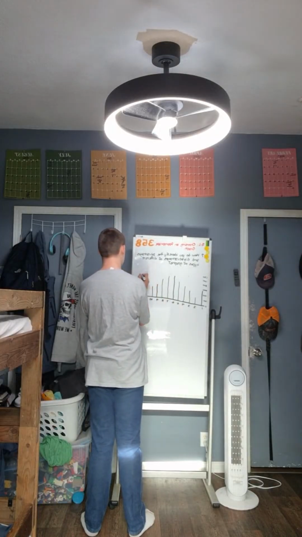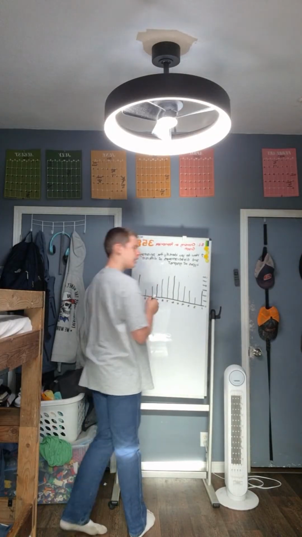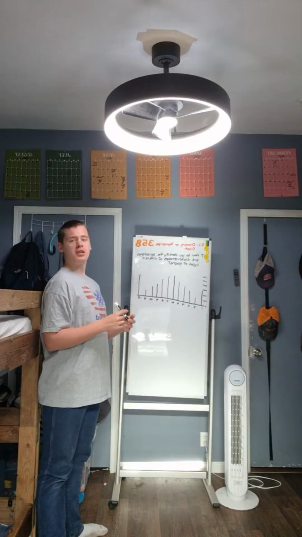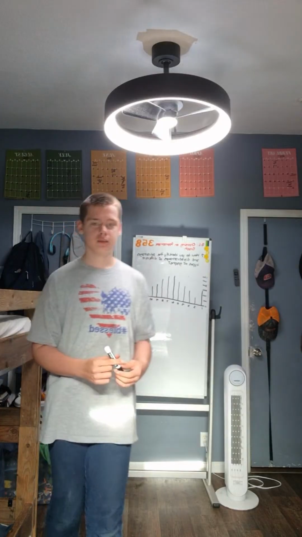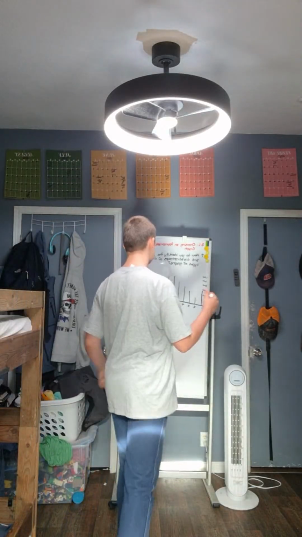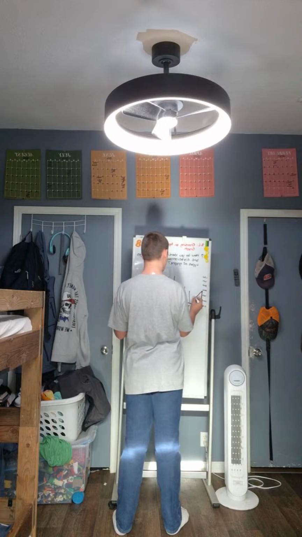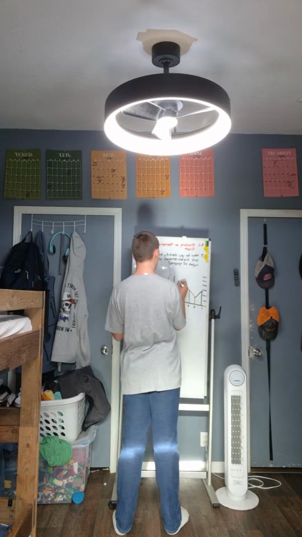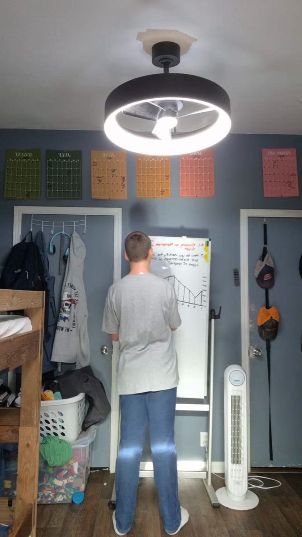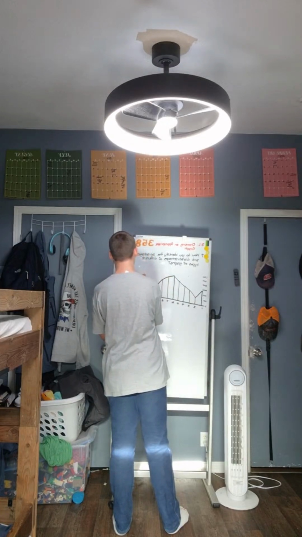So if we were to graph this right now, what kind of graph would it make? Well, it starts here, then goes down, up, up, up, up, down, down, down, down, down, up.